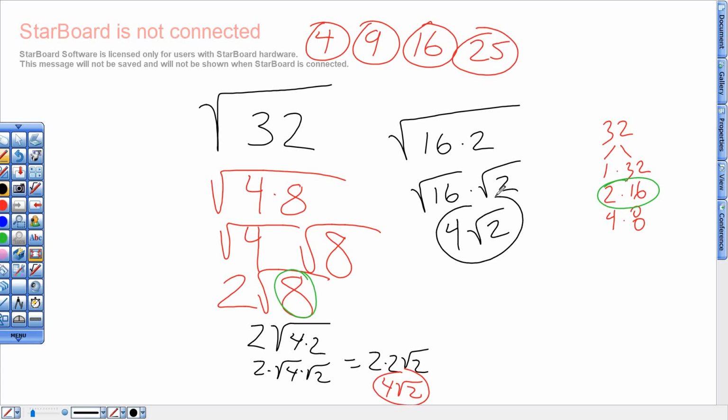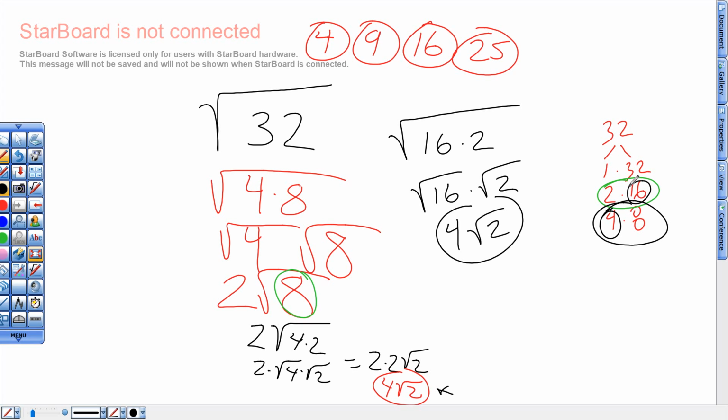Where if you did it the other way, you would have to break down 8 again to get the real final answer. So when you're looking at pairs, go for the biggest root, because taking out the 4 would just make you have to keep going. If you would have taken out the 16, you would have done that simplifying in one step. It's kind of weird.